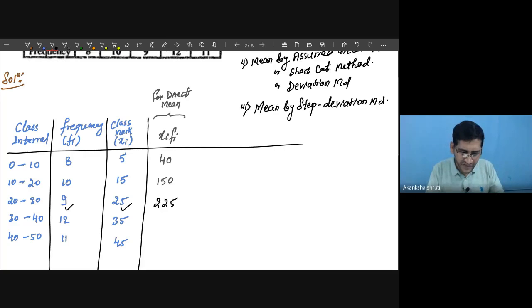Getting it, students? After that, for the next class interval, you multiply 35 with 12. That becomes 420. The next one is 45 into 11.